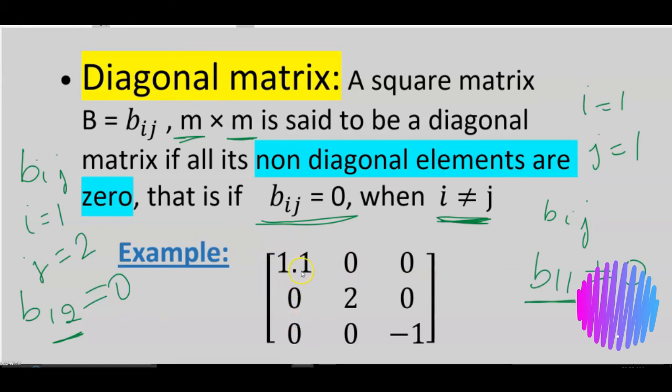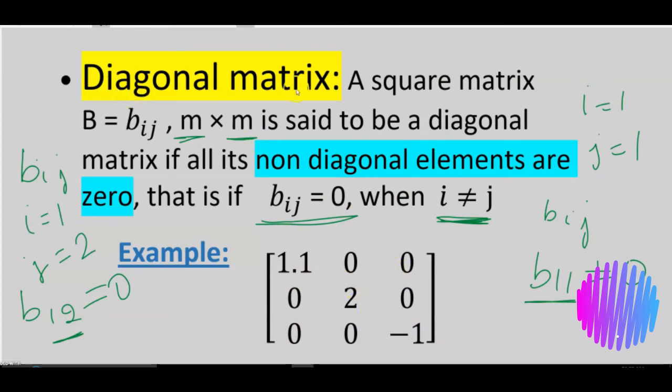B11 is non-zero as we have given in the example. Similarly, this is the entry B12, that is first row, second column, and since 1 is not equal to 2, that should be equal to 0. Similarly, you can find the other entries as well.